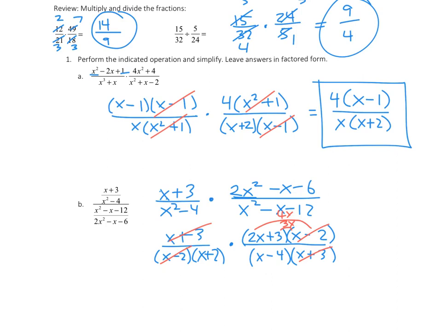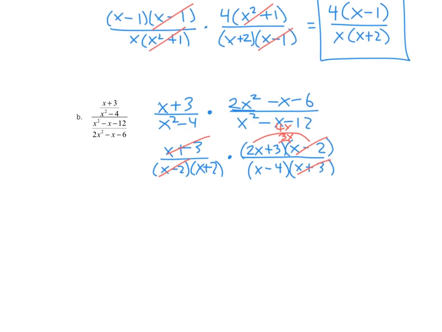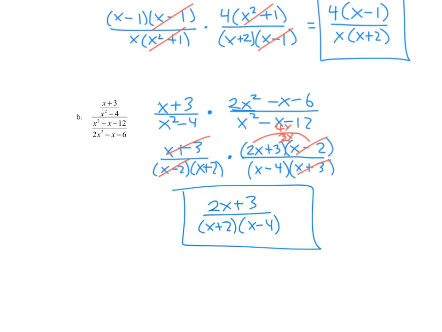So I write the result, which is, what was left? 2x plus 3 was left on the top, and on the bottom we have x plus 2 times x minus 4. And that's it.